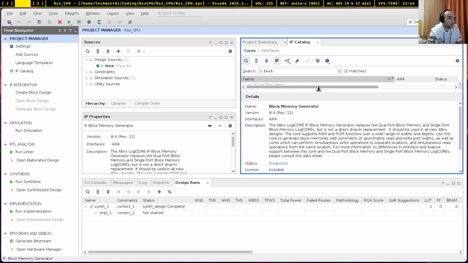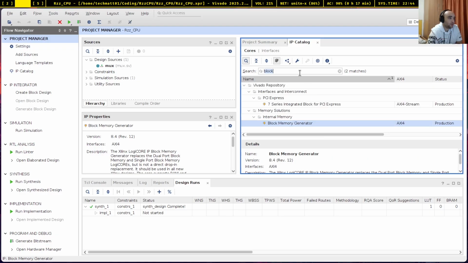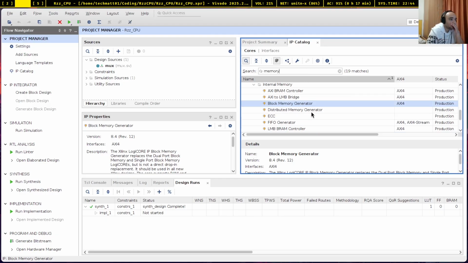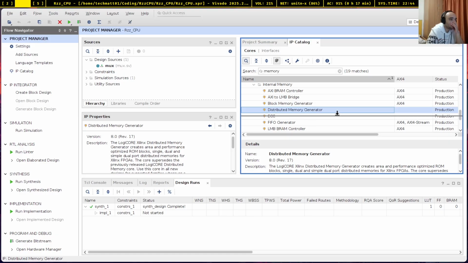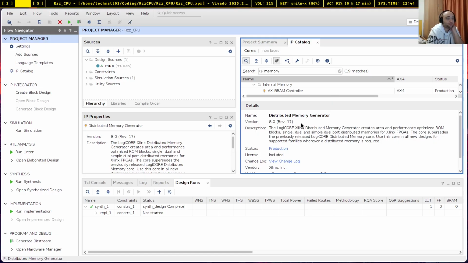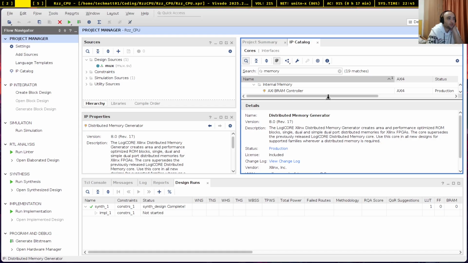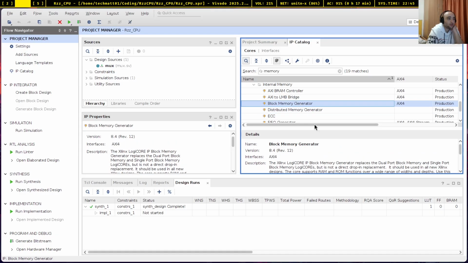Okay, we're gonna see the datasheet shortly, but what if I write memory? Because there is also this one, the distributed memory generator. Create area and performance optimized read-only memory. Okay. Blocks, single, dual, and simple dual port distributed memories. So this is all just for a read-only memory.